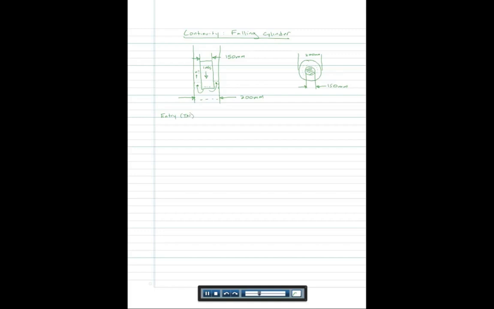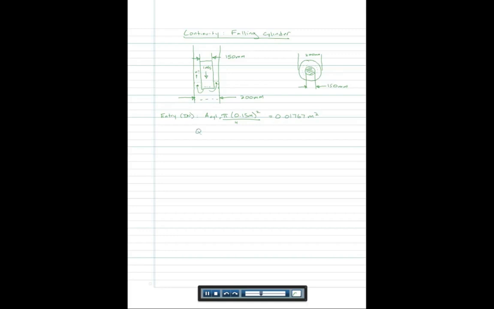We'll consider what's going in to the control volume first. We want to calculate the area of the cylinder, so it's going to be pi d squared divided by 4. And the area of that cylinder is 0.01767 meters squared.